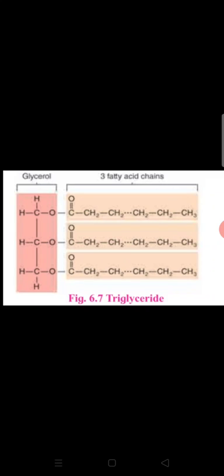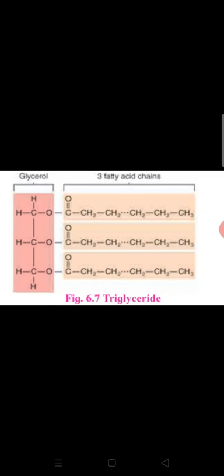Now, lipids are of different types. So we will see about classification of lipids. Now first, simple lipids. So on the screen, you are watching an example of simple lipid, for example, triglyceride.